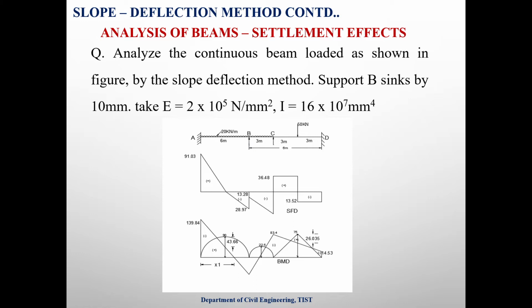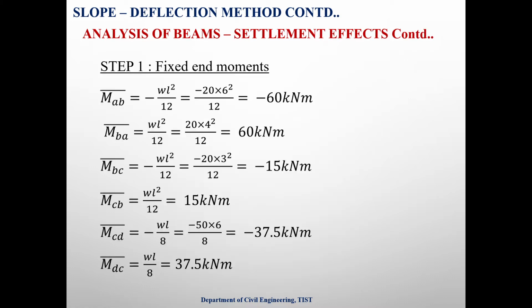Similarly for BC also, and in the case of CD, it is subjected to a central point load, that means the fixed end moment equation is WL by 8. Substituting these equations, find out the fixed end moments. Then you will get the values as minus 60 kilonewton meter, 60 kilonewton meter, minus 15 kilonewton meter and 15 kilonewton meter, minus 37.5 kilonewton meter and 37.5 kilonewton meter.